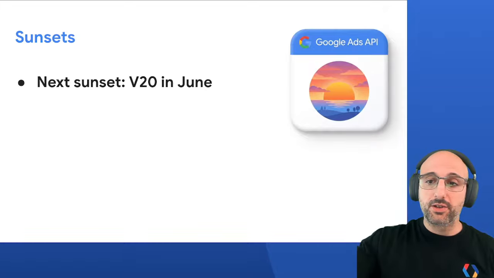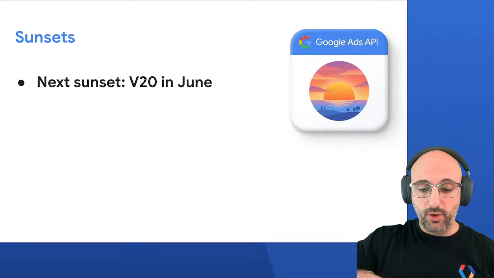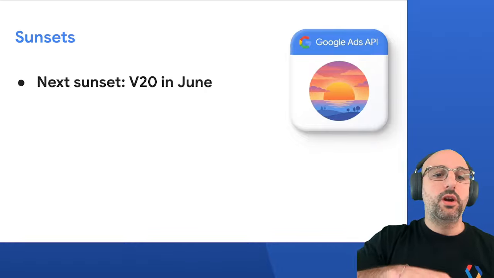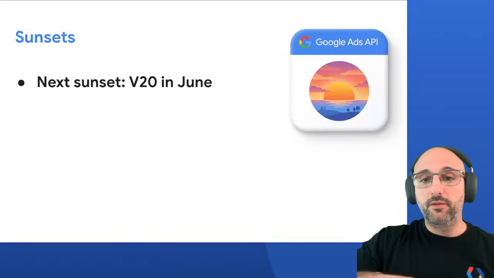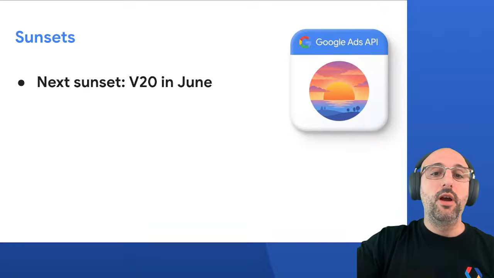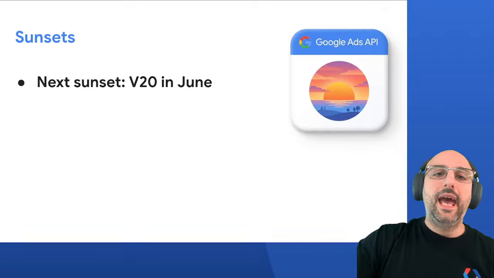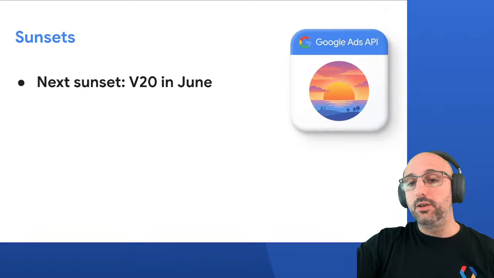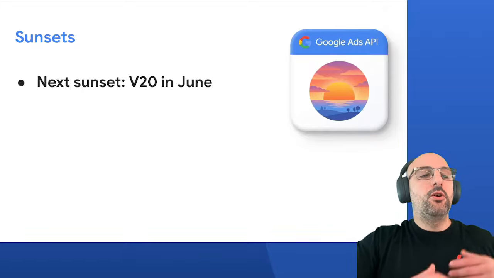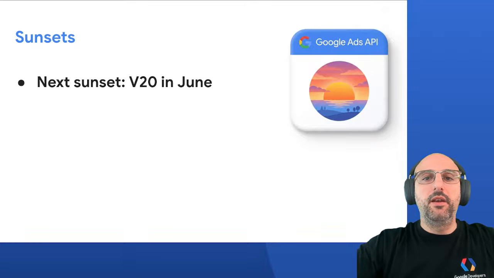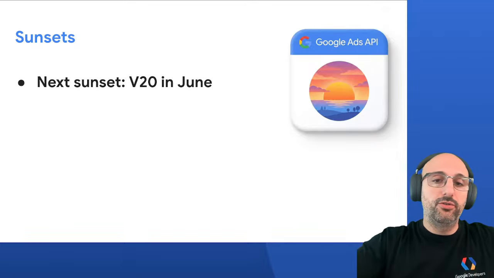The sunset schedule didn't change in 2026 from what it was in 2025. So we are going to be sunsetting a major version a quarter. We recently did that in February for V19, and the next sunset is going to be the sunset for V20, which is going to be in June. So roughly, every major version has a lifespan of about a year or so.